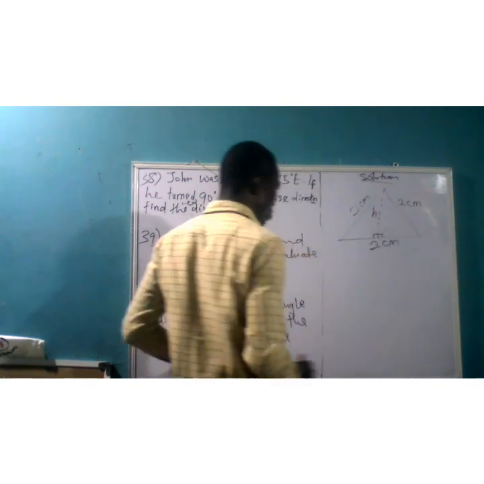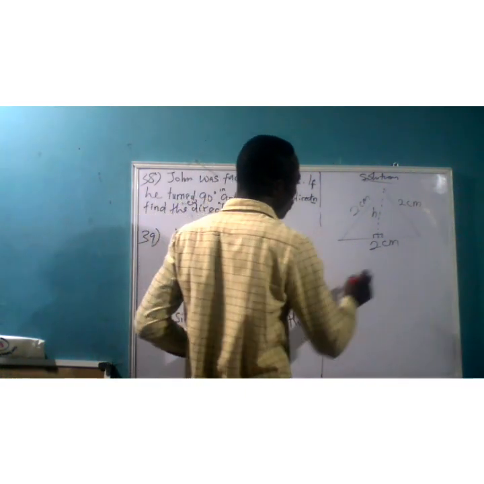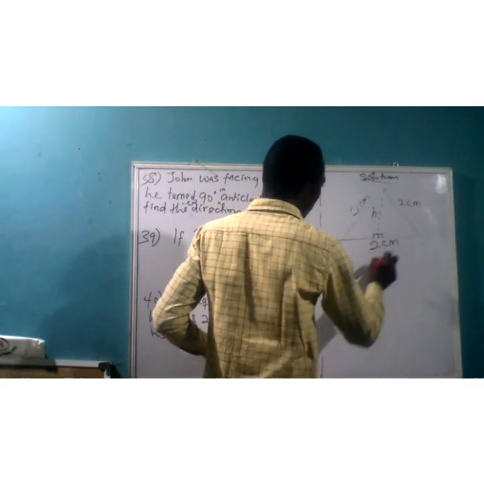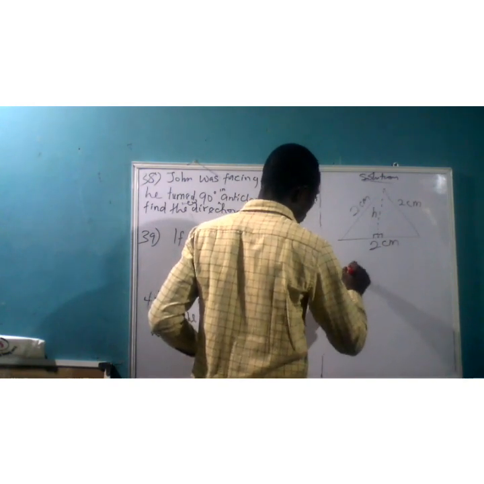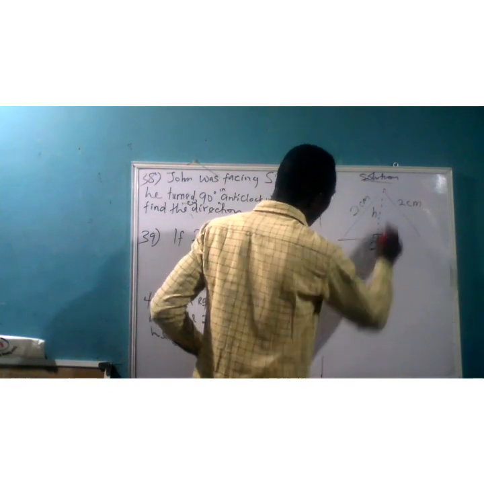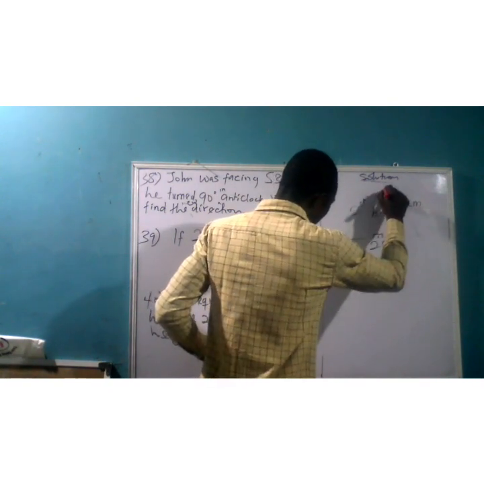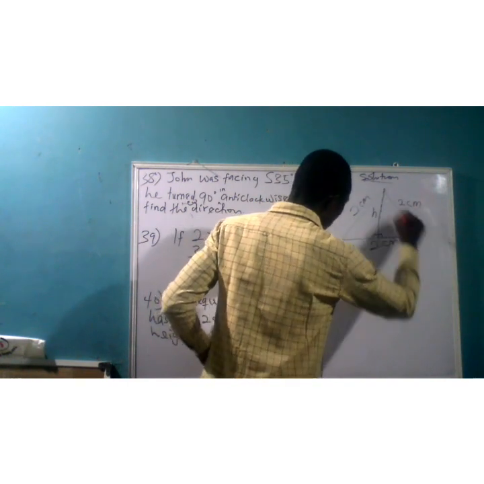Let's call the height h. So with this, by the use of Pythagoras theorem, you know that this is the hypotenuse side, and the square of the hypotenuse side, that is 2 squared, is equal to the sum of the squares of the two other sides of this right angle triangle.